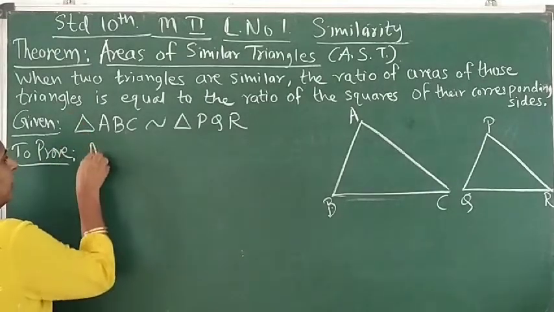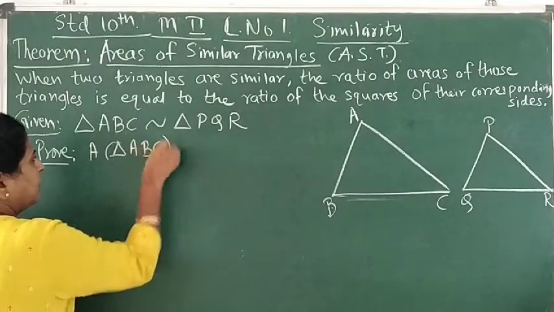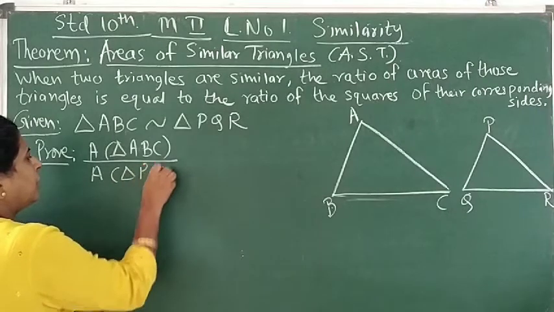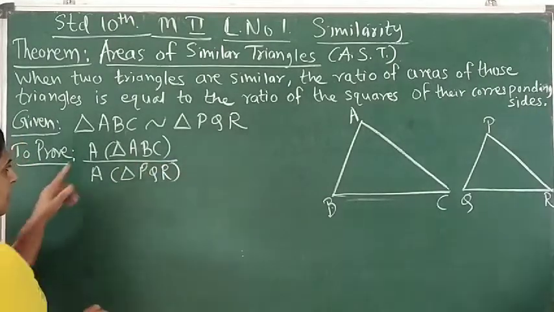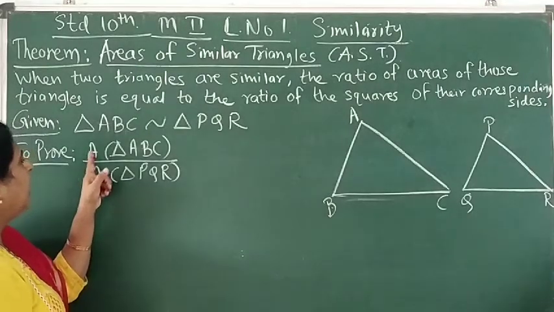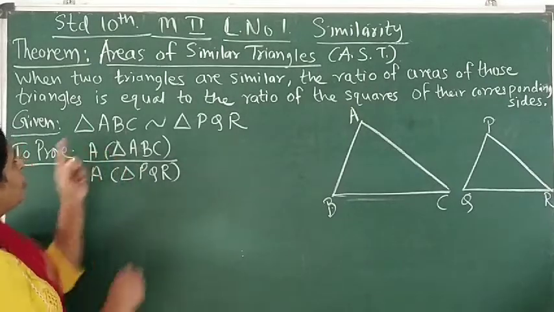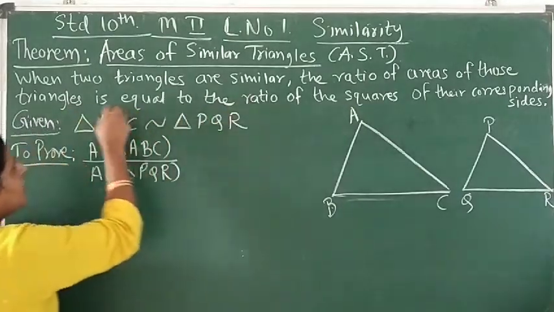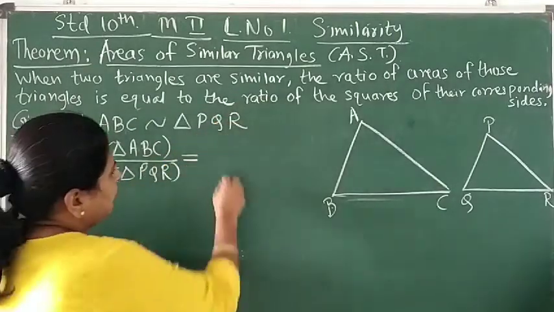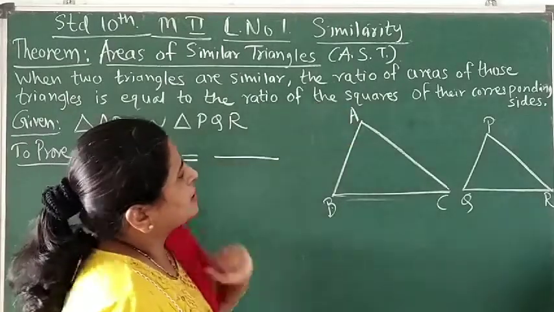Ratio of areas: area of triangle ABC, and we have to take its ratio with the area of triangle PQR. This is the ratio, as one number is divided by the other, and the numbers are the area of triangle ABC and the area of triangle PQR. The ratio of areas of these two triangles is equal to the ratio of the squares of their corresponding sides.